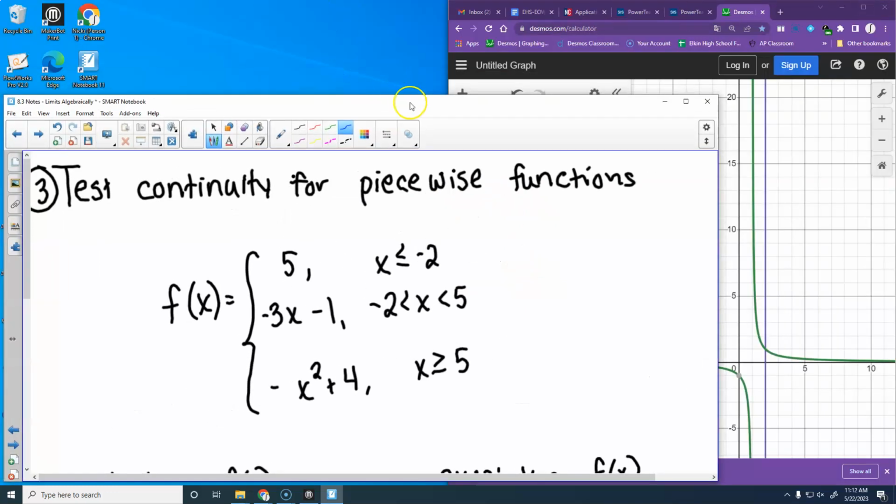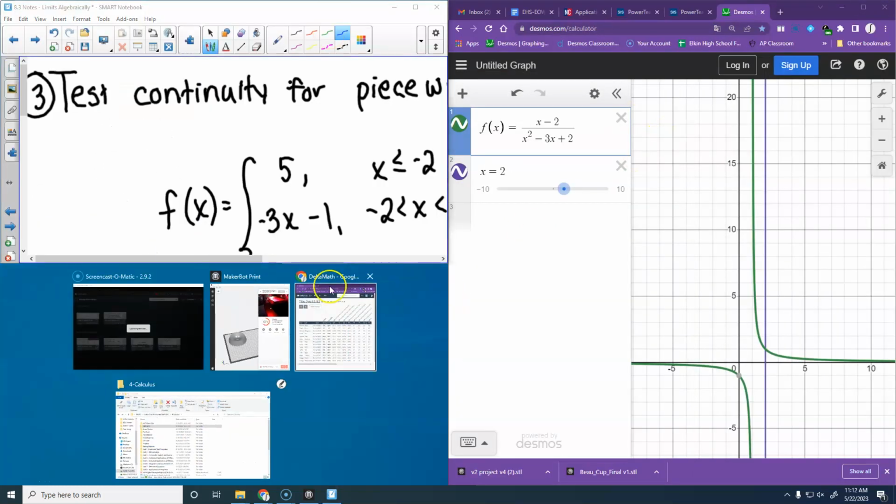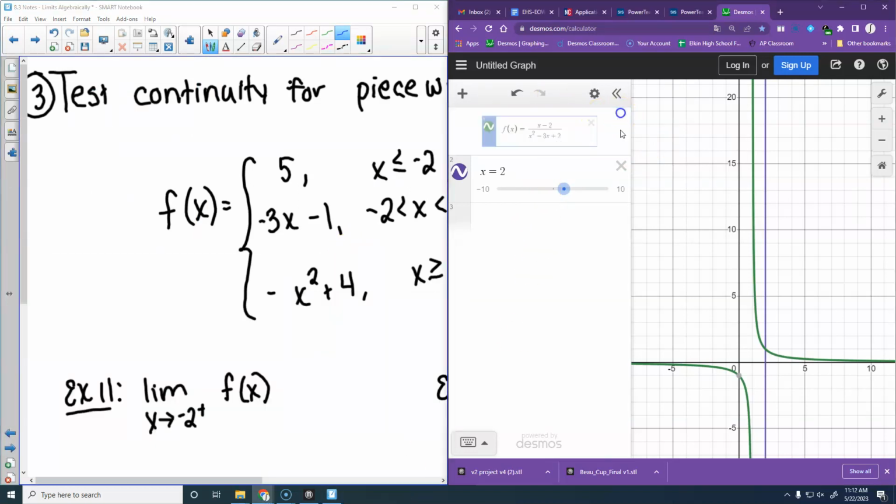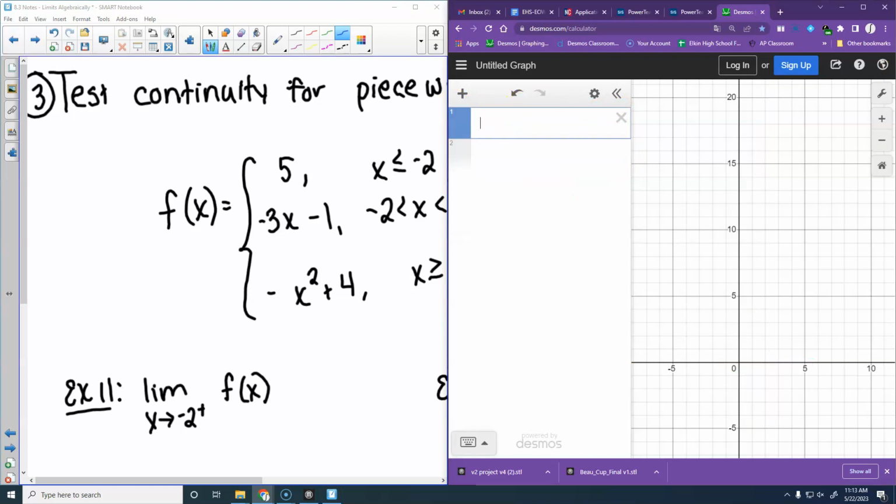So if we look at the graph for this real quick, if I graph this over here, I'm going to enter this as 3 different equations just because it's easier.